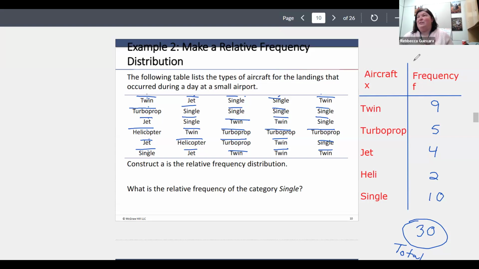When I do relative frequency, we don't have F, we have F divided by N. If you remember, N represents your sample size, so it's how many items I have. So if I do that, we have 9 out of 30.